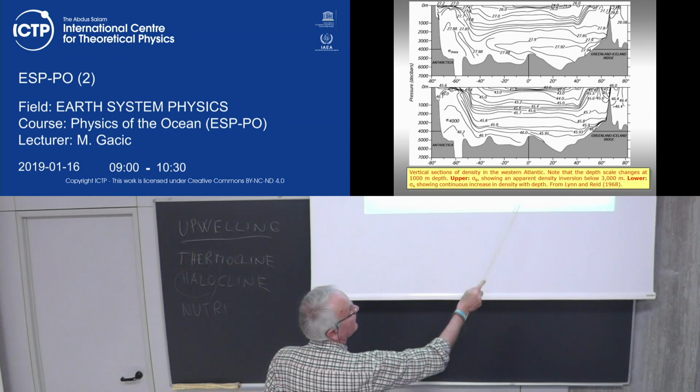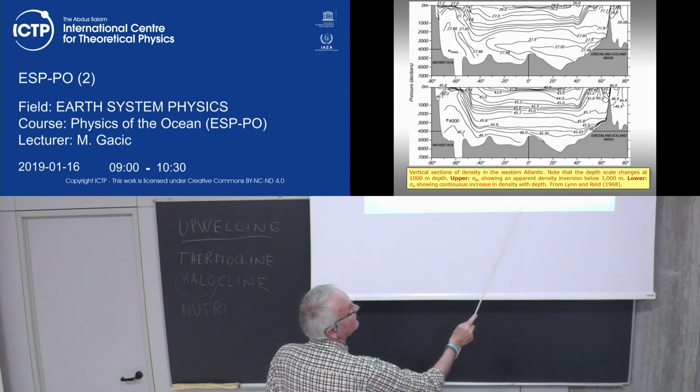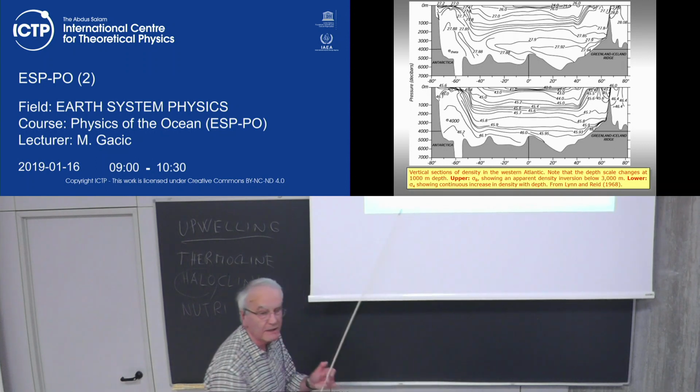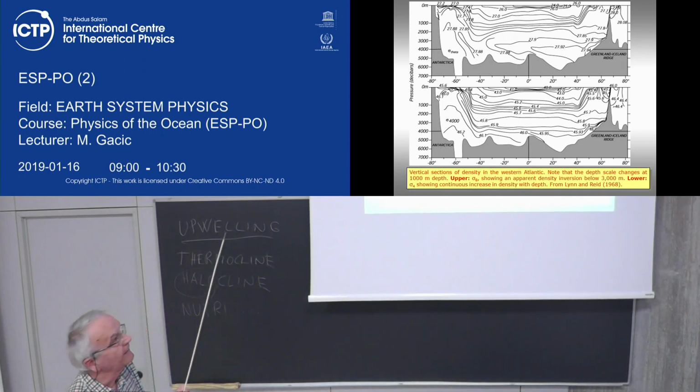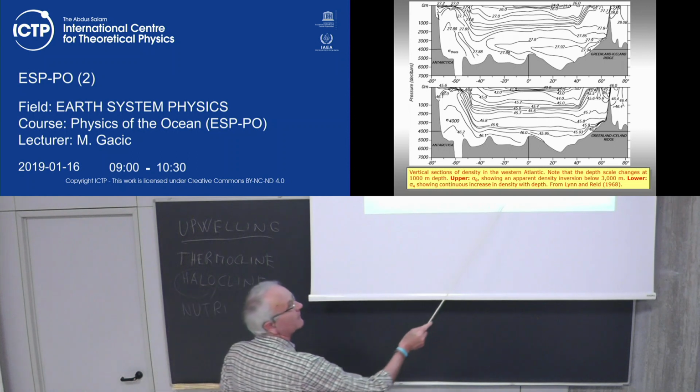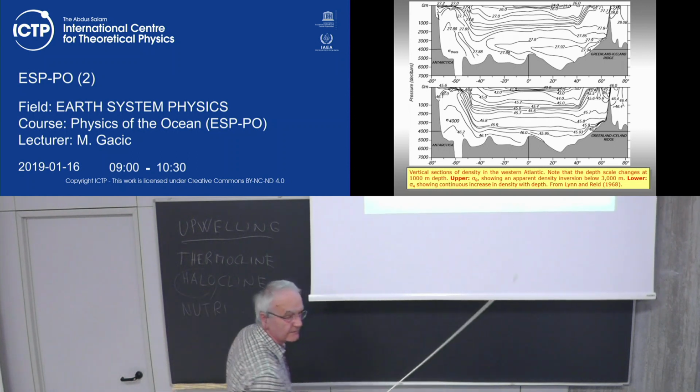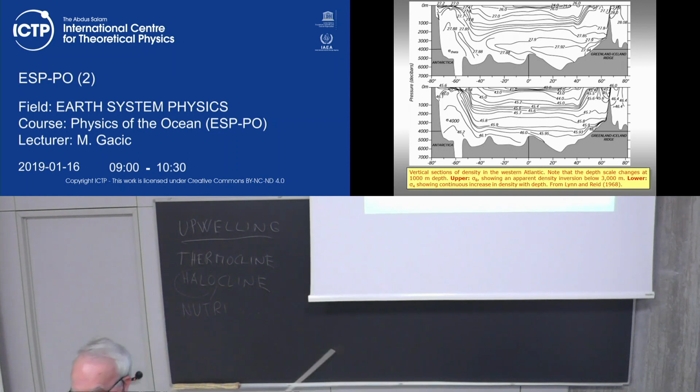And then again, when you come to the northern polar areas, you have the vertically mixed area, and this permanent pycnocline disappears. So you have a kind of north and south with the vertically mixed water column. In the middle, you have the permanent thermocline, which separates the surface layer from deeper layers. But not only that.